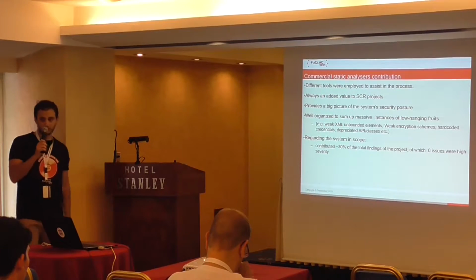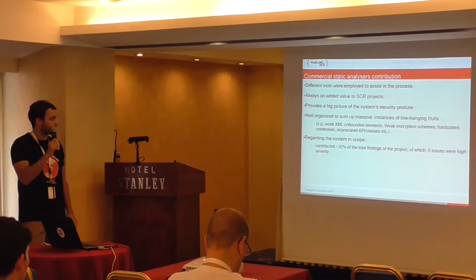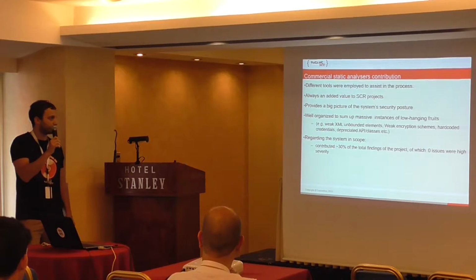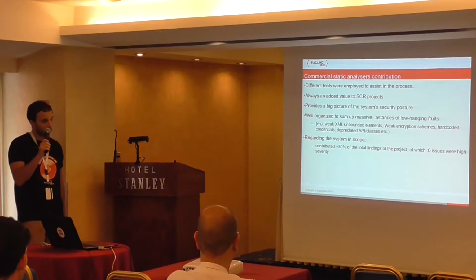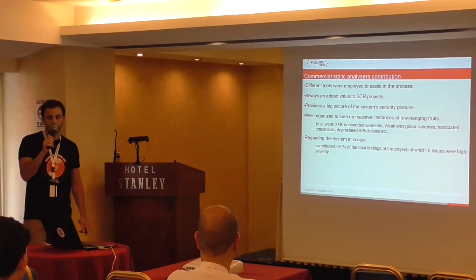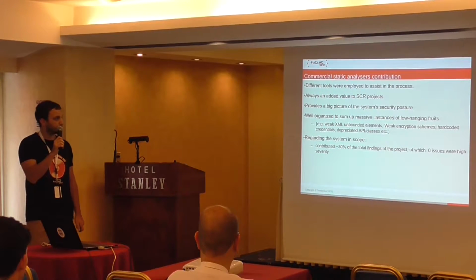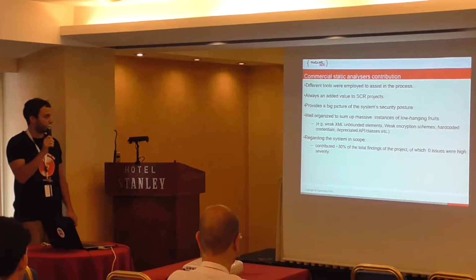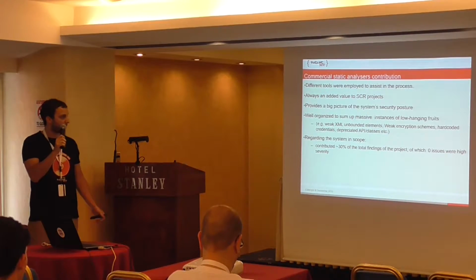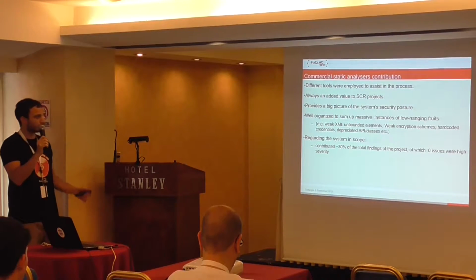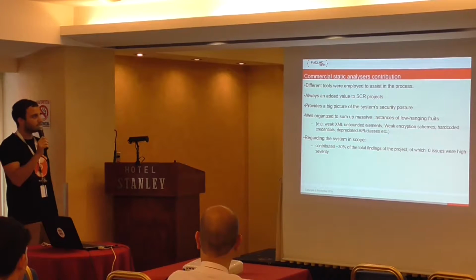Based on the results that we received from the tools, we can see that automation is very good at giving a good summary of massive instances of easy, low-hanging fruits, as I said, which are reflected in low and medium risk findings, such as weak XML schemas, weak credential implementations, hard-coded credentials, and deprecated APIs.